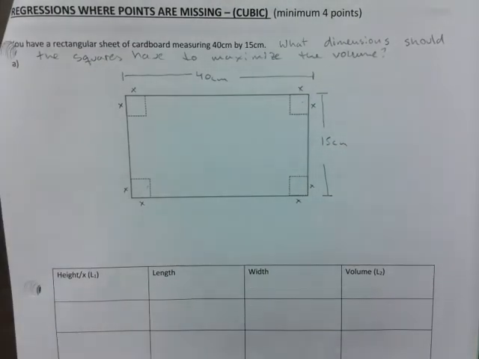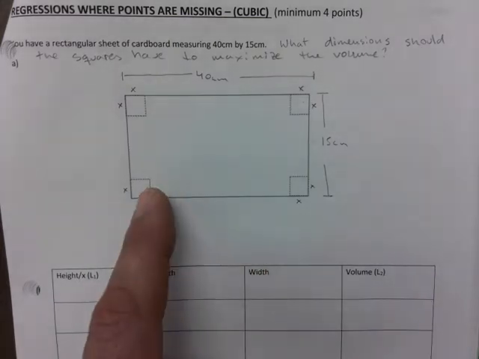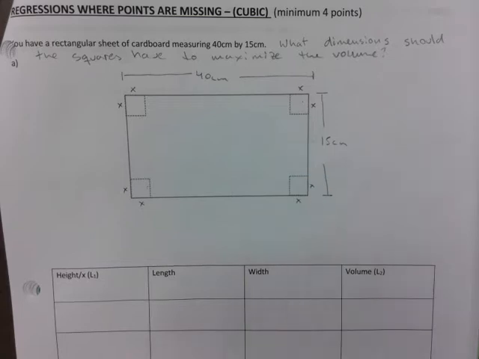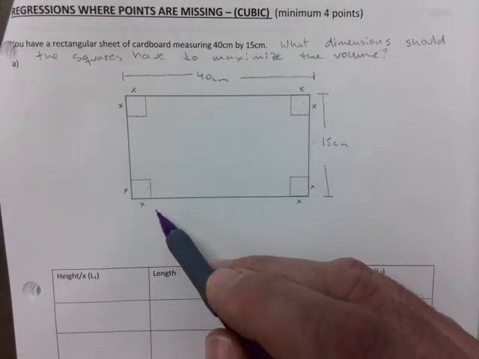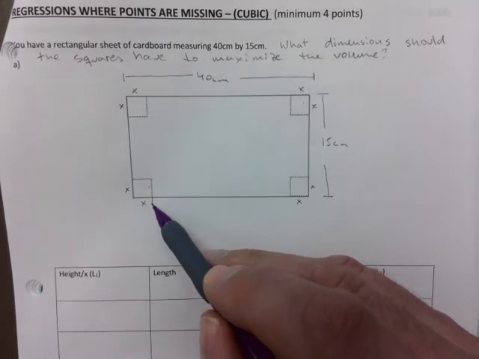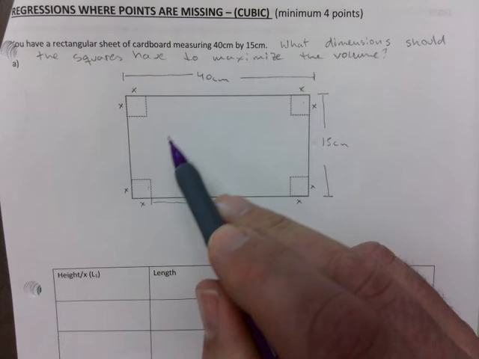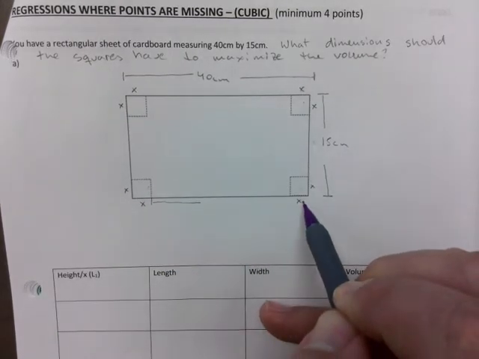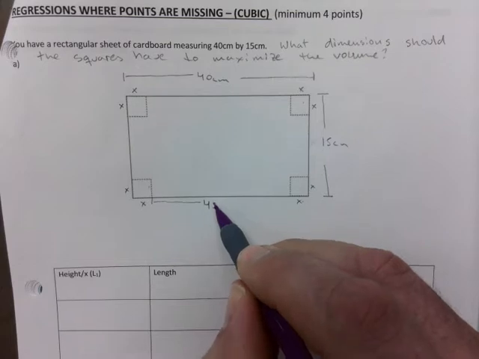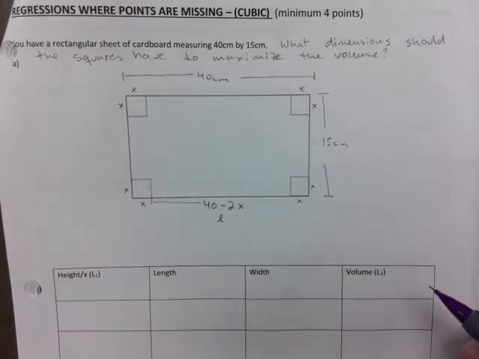In the resulting box after cutting out these corners, the length would be 40 minus x and minus another x, because you'd be cutting both of those out. So it ends up being 40 minus 2x. This is the length of the box.